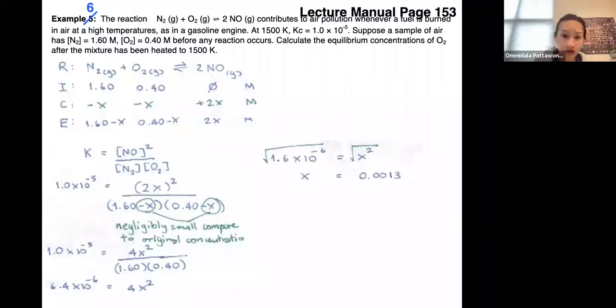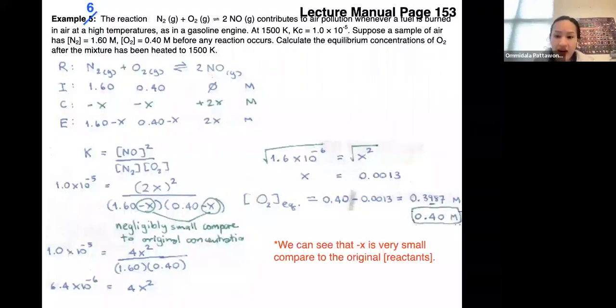Again, x is not the final answer. The problem is asking for the concentration of oxygen, so I'm going to plug x back into the concentration. For oxygen, it's 0.4 minus 0.001, so the concentration of oxygen at equilibrium comes out equal to 0.3987 molar.